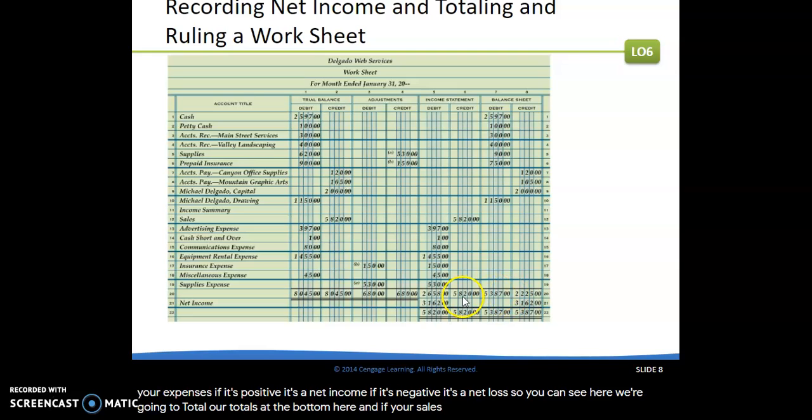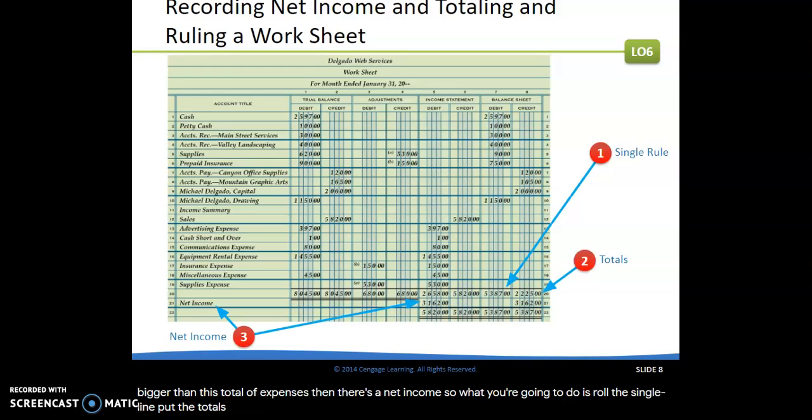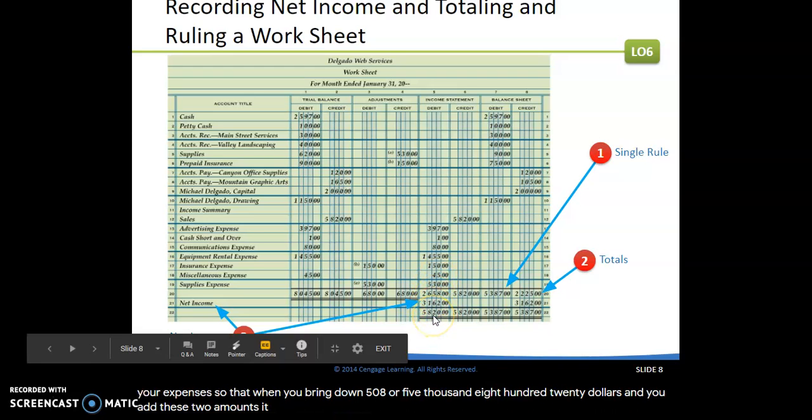And if your sales, the total of sales, are bigger than the total of expenses, then there's a net income. So what you're going to do is rule the single line, put the totals, and there's a net income. So if there's a net income, you would put the amount under your expenses so that when you bring down $5,820 and you add these two amounts, it equals $580.